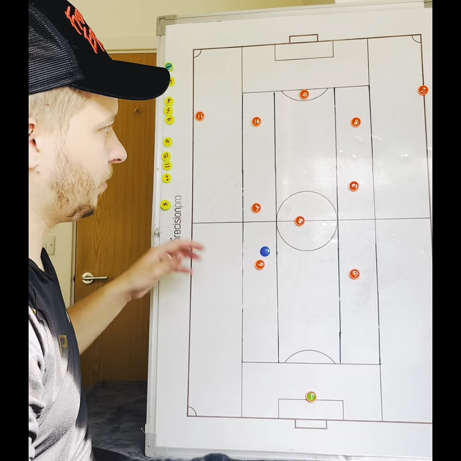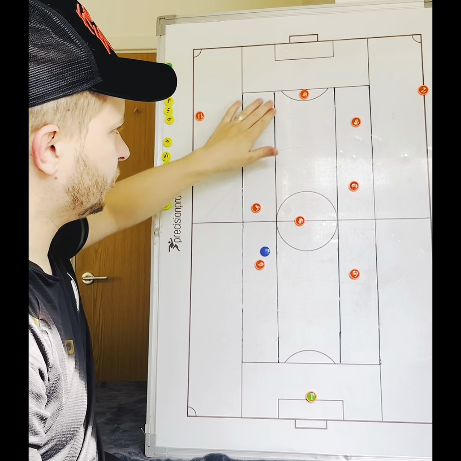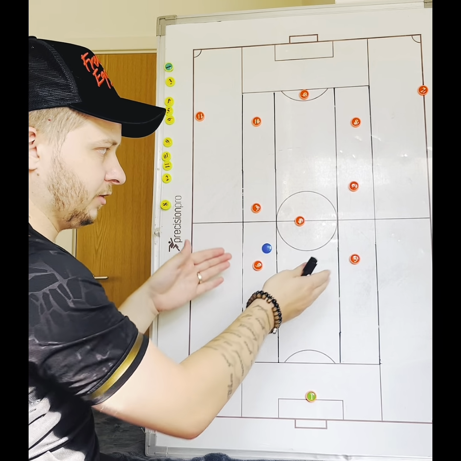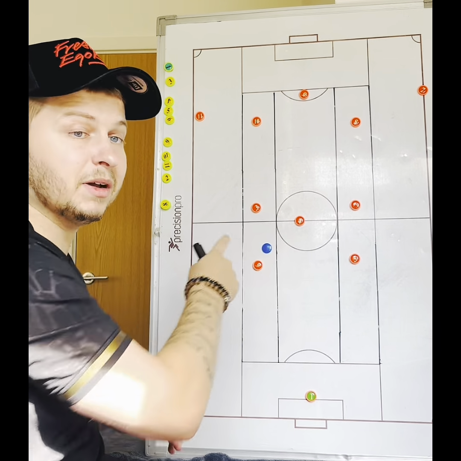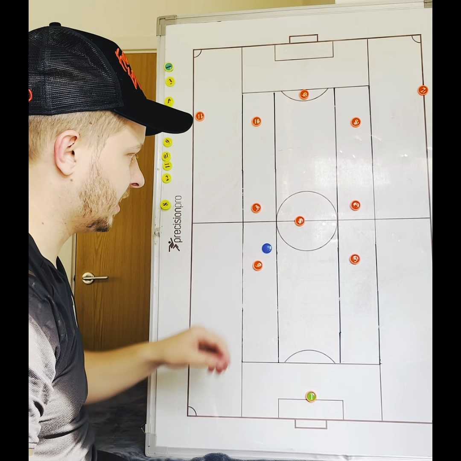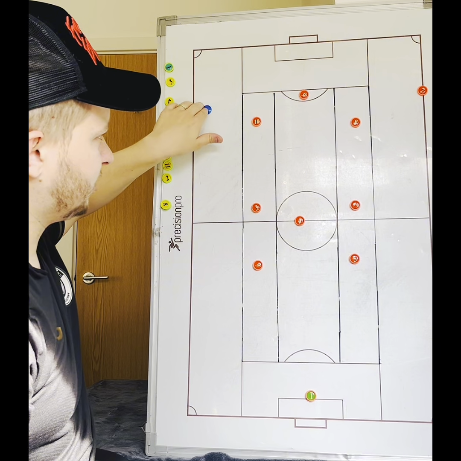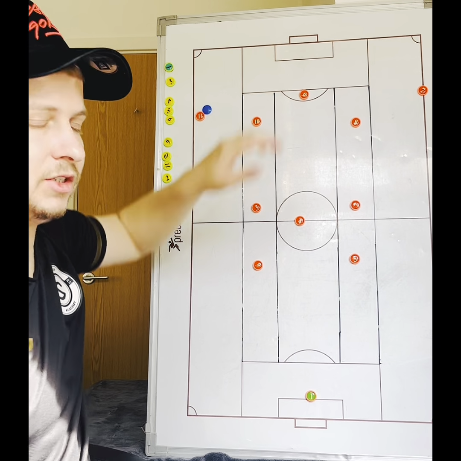Okay, and we'll talk on another video about why you would use that front 5 using the 5 lanes, how you would use this defensive structure in possession to defend counter-attacks, but also to circulate the ball and find opportunities to get maybe 2v1, 1v1 out wide with bodies arriving in the box.